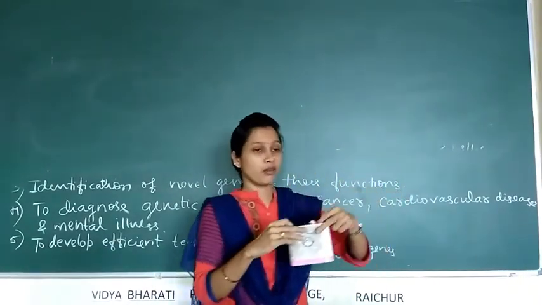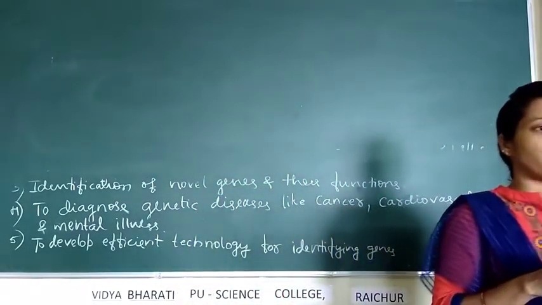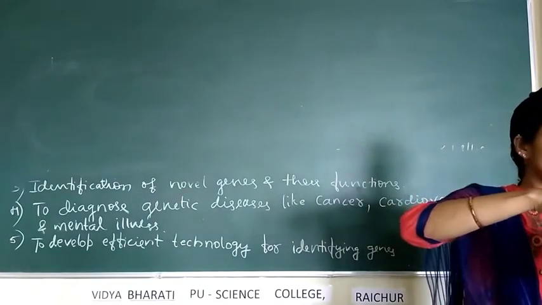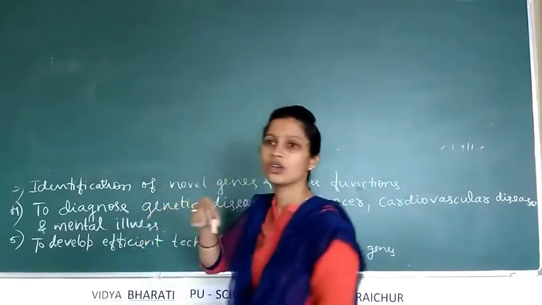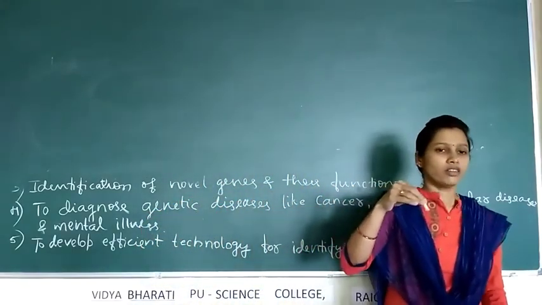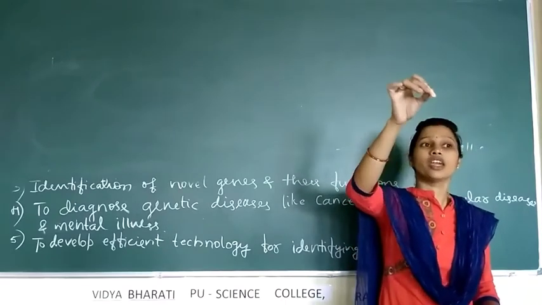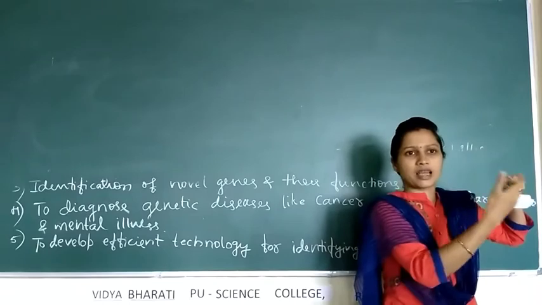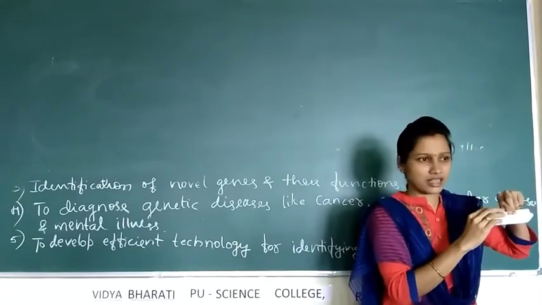Then by using rDNA technology, we can isolate the gene present in the body of the pig. Then we can introduce it, that is called cloning. We can introduce the gene responsible for the synthesis of insulin into the body of another organism, for example mice, or human body, or any other microorganism.